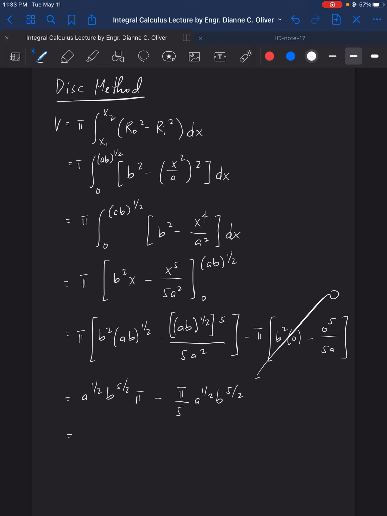So we now have the volume equal to 4/5 of pi, again b squared square root of ab cubic units.